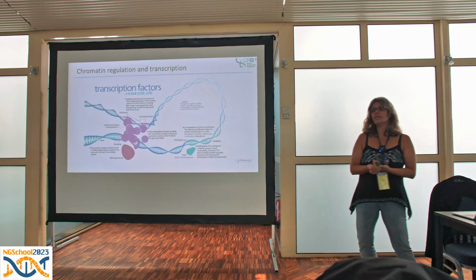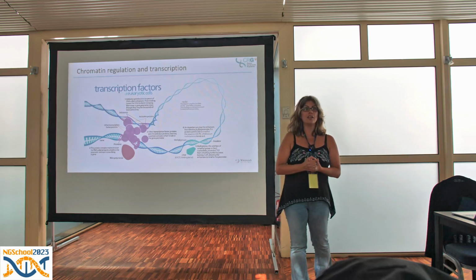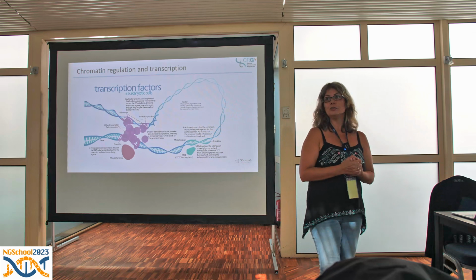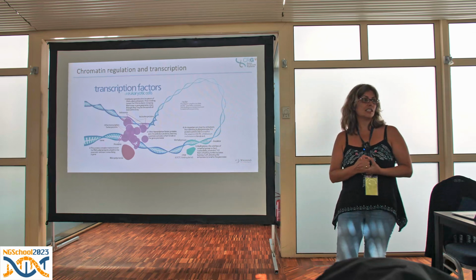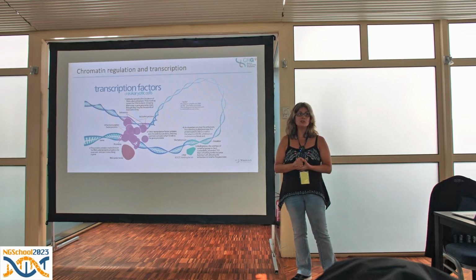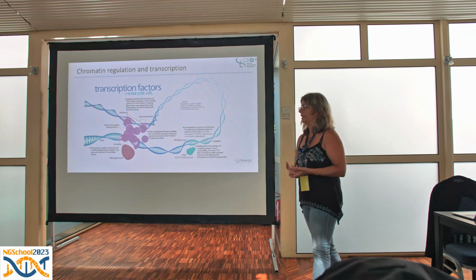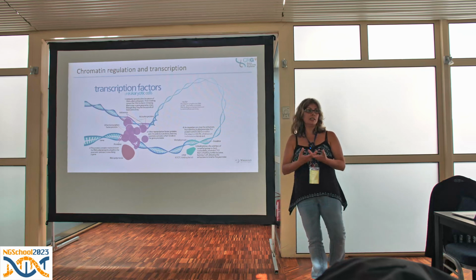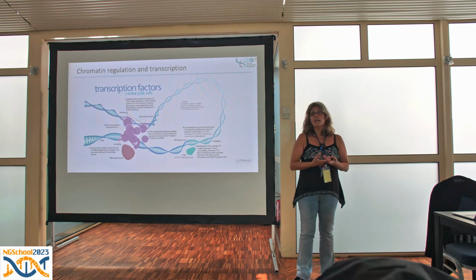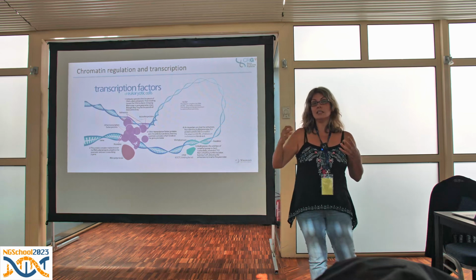And I told you that it's not only chromatin modifications, also other proteins are binding to the DNA. These are, for instance, transcription factors. We know the RNA polymerase machinery is also binding to DNA. And it is also very important to understand where these proteins are binding, okay? Because they are actually regulating, for instance, gene expression. And what makes our cells different probably is the genes that they express.